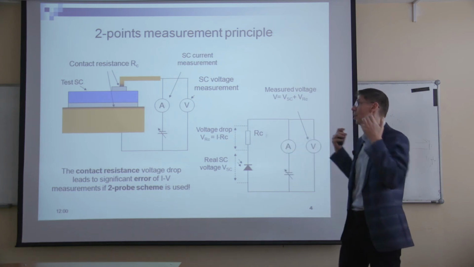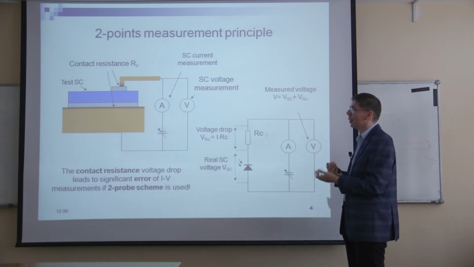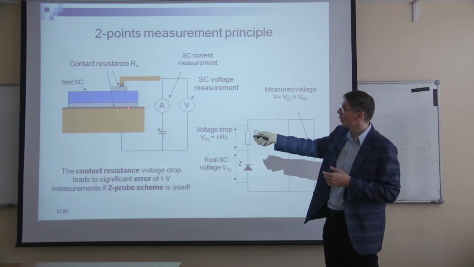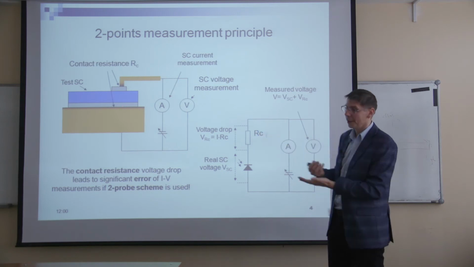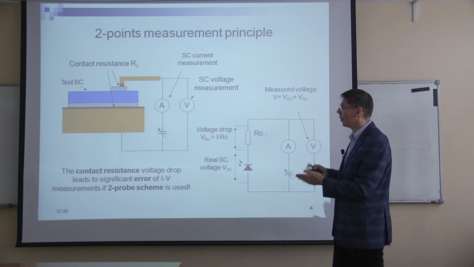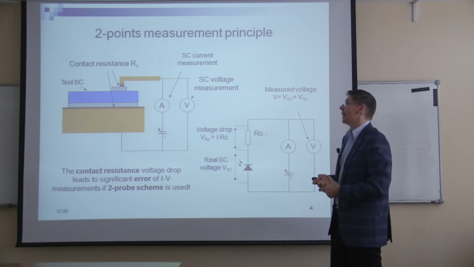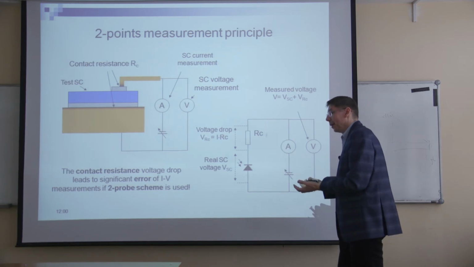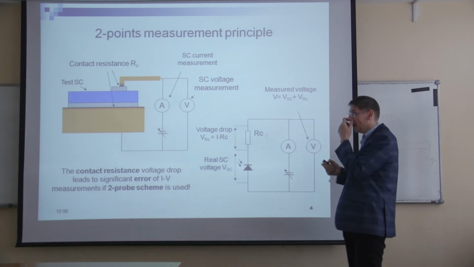And sometimes, for this kind of connection, you can get a real problem how to get contact. For example, if you have an aluminum BSF contact, when aluminum is a little bit oxidized, it's not so easy to get good contact between this back contact and the measurement table. So you have to manipulate with the sample, and actually you are not sure that you have really nice contact between them, or maybe you have some other problem.